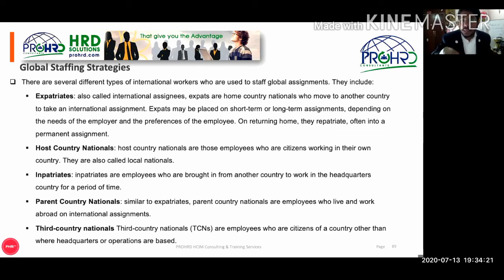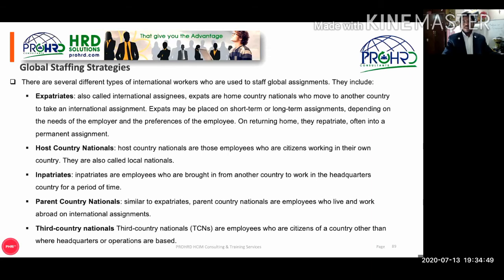I'm an expat working for Hyundai. That means I am a third country national. I am not belonging to the parent company. I am not a Korean. I am not a Kuwaiti local national. I am a third country national, being an Indian working for Hyundai in Kuwait. Do you understand? That's what a third country national is.